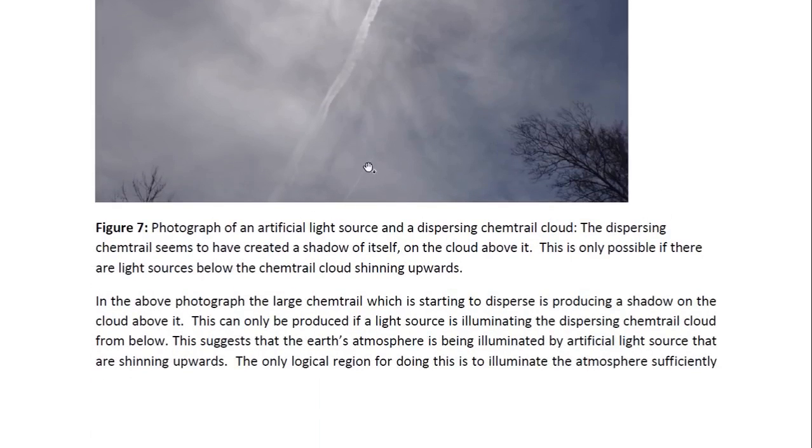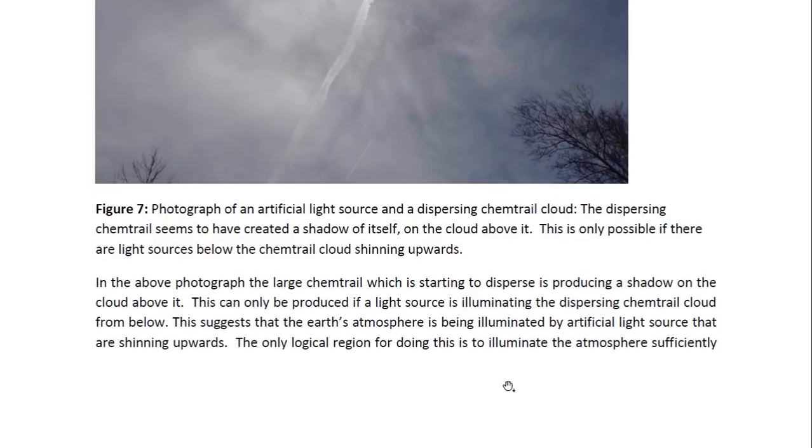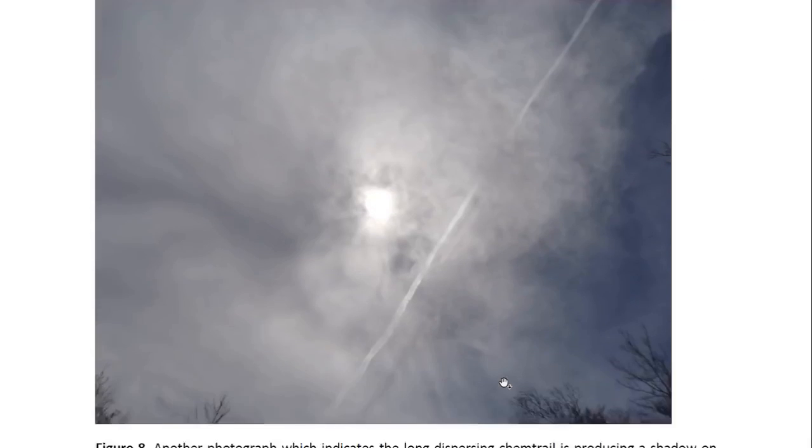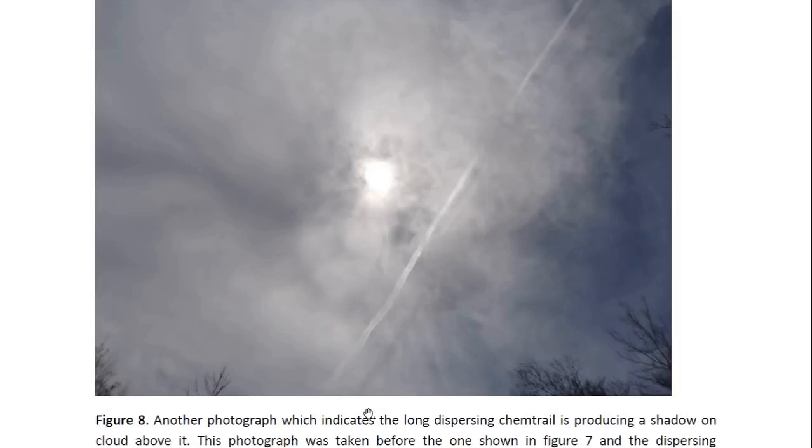You can see this chemtrail starting to form here. And in an earlier image, where a chemtrail was not here yet, you can clearly see that this seems to be a shadow of this cloud. It then goes behind the actual cloud here. So this cloud is lower than this chemtrail cloud is.